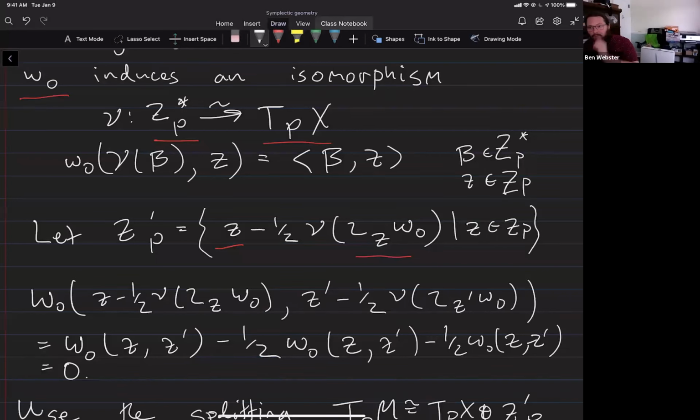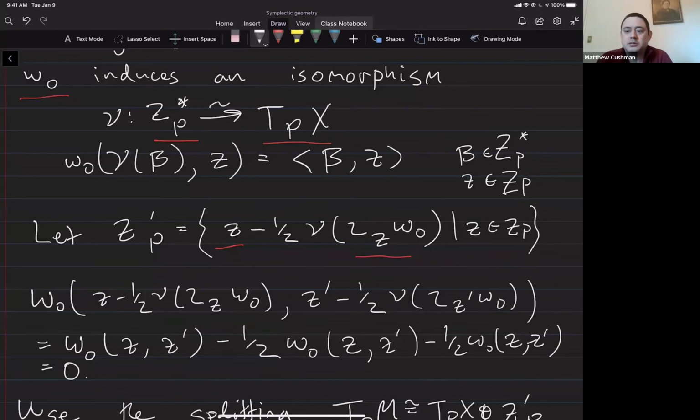Maybe one good answer to your question is the space of symplectomorphisms which preserve the Lagrangian acts transitively on the set of Lagrangian complements. So all Lagrangian complements look the same up to symplectomorphism, but there are a bunch of them. Good fact.